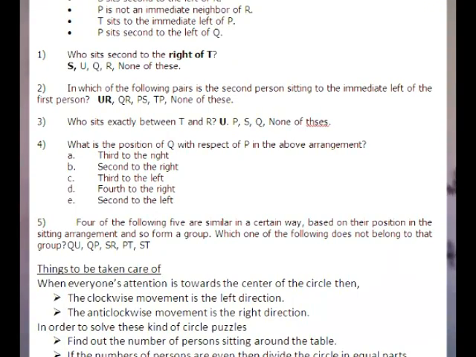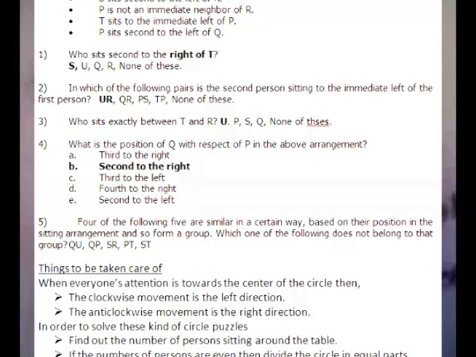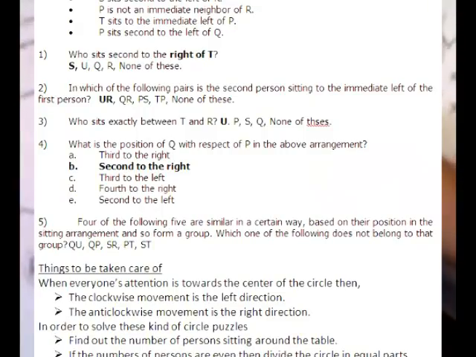Third to the right, is it correct? No, because we have second to the right. Second to the right, yes, option B is correct. Third to the left, no. Fourth to the right, no. And second to the left, no. So the correct option is option number second, B.